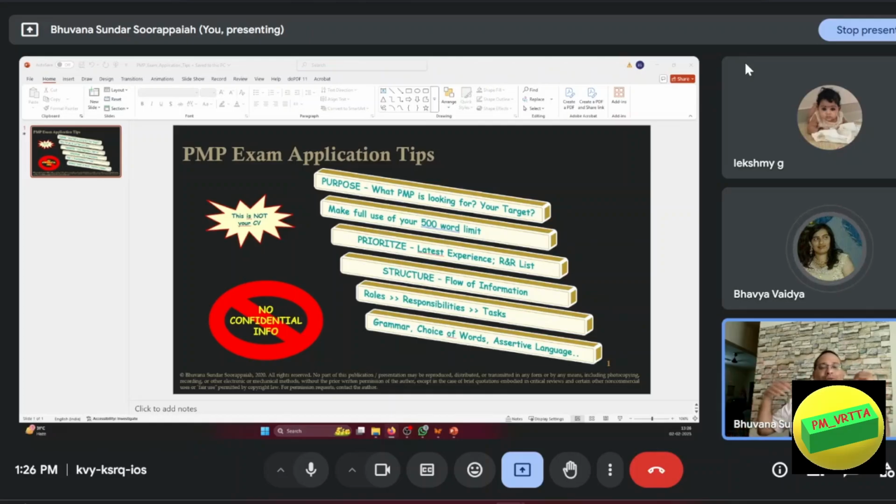Now, what do I do to deliver this responsibility? What are the tasks that I do? This is the meat of your application that defines whether you are really doing project management activities. Whatever your role or designation is, are you really doing project management activities? I organize the customer meetings. I take the lead and represent Bosch in these customer meetings.